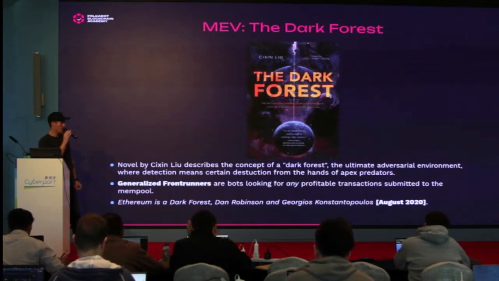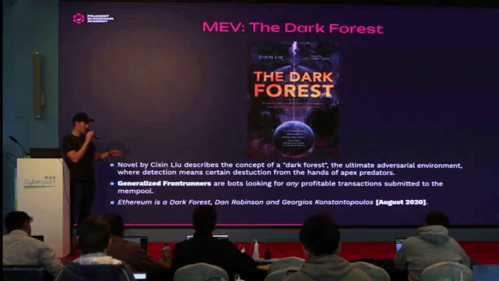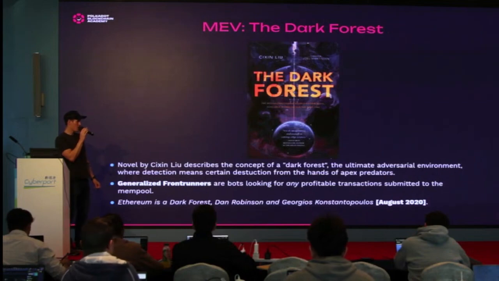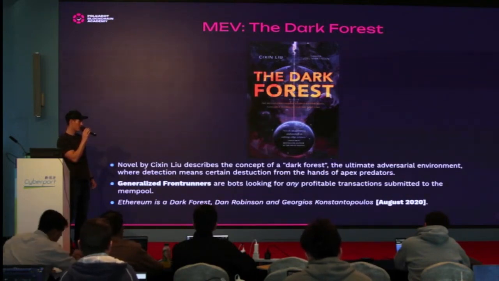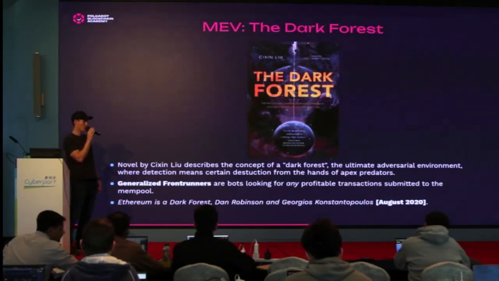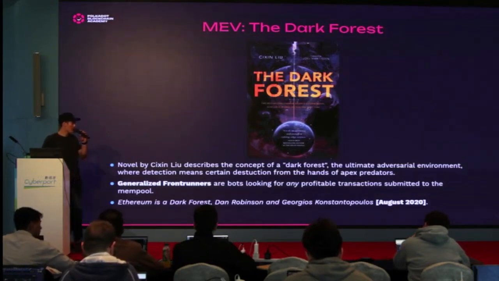But MEV back then, at least, when we didn't have that many bridges, or bridges didn't even exist in 2020, I don't think there were any, was specifically whenever there were protocols on Ethereum, like DeFi protocols, two or more involved.